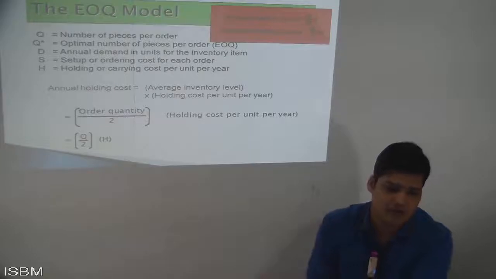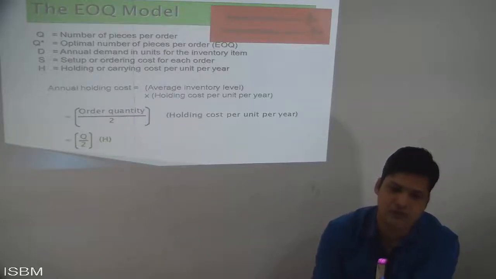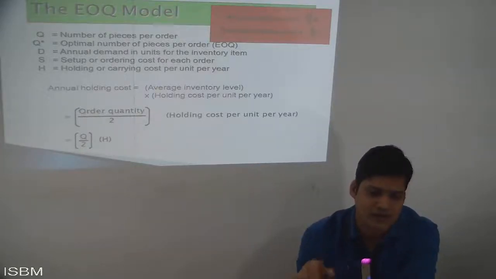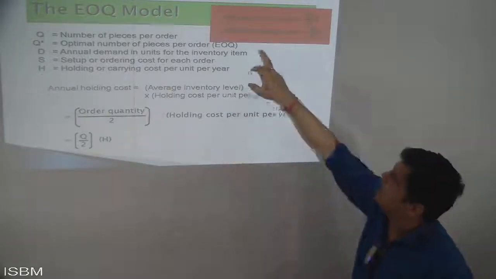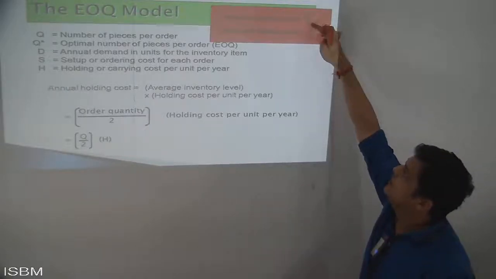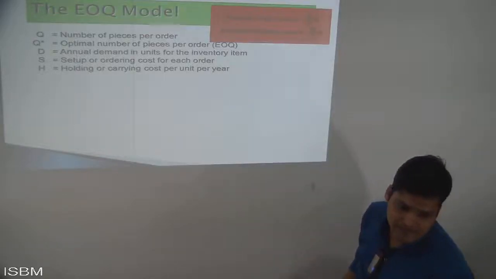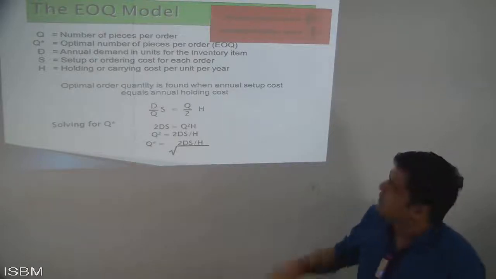Now the annual holding cost is the average inventory level times the holding cost per unit per year. So Q by 2 into H. Holding cost is nothing but Q by 2 into H. Do you remember? Annual setup cost, the ordering cost, is D by Q into S, and annual holding cost is Q by 2 into H. So we are going to solve this.